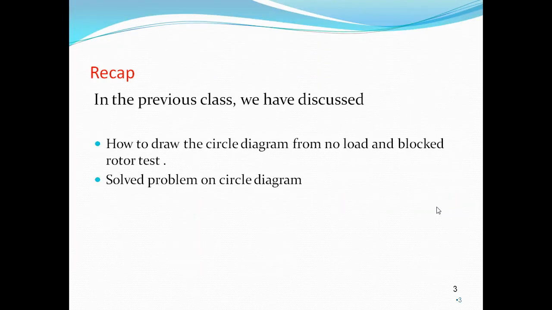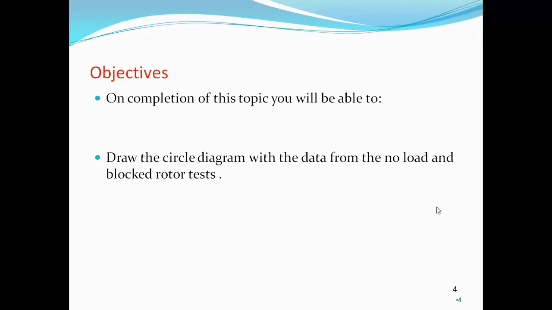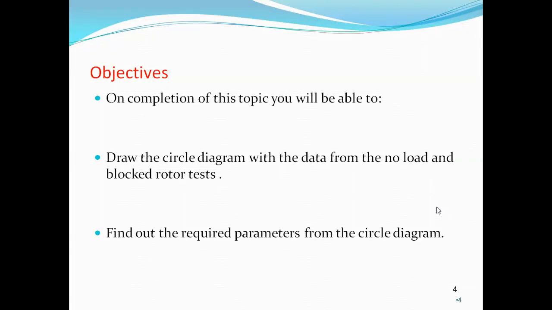So, in the last class, we covered the no load and blocked rotor test. On this, we have drawn the performance curve, from which we can draw the circle diagram.